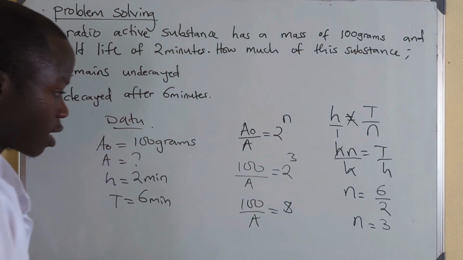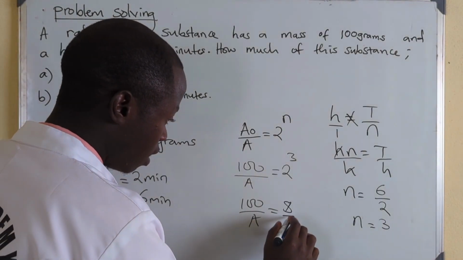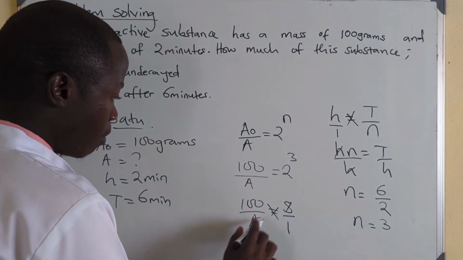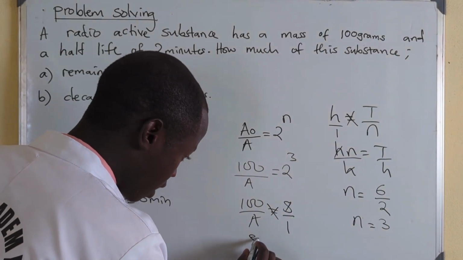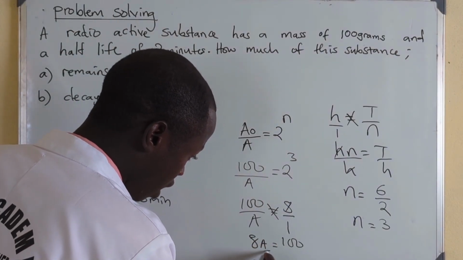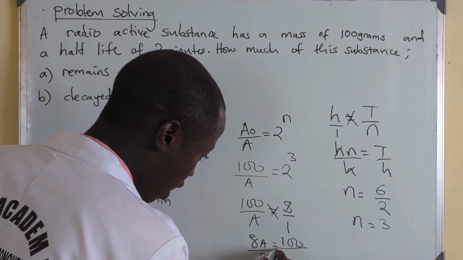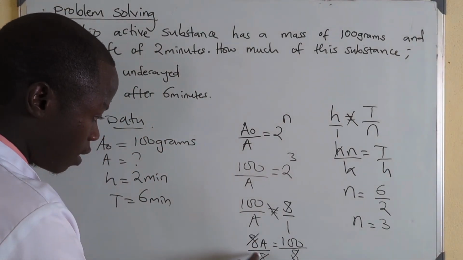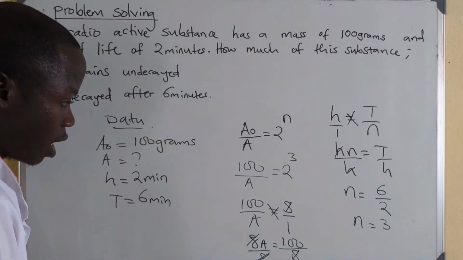To make a the subject of the formula, we cross multiply. So a multiplied by 8, this is 8a, is equal to 100. We then divide both sides by 8 to make a the subject, and the 8s cancel.